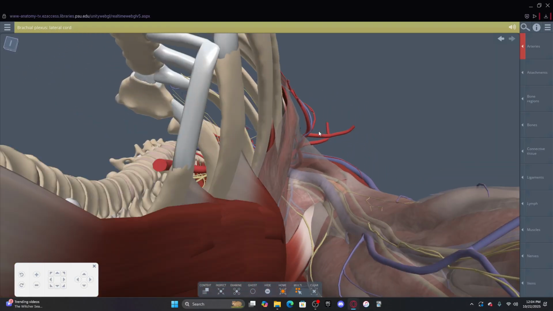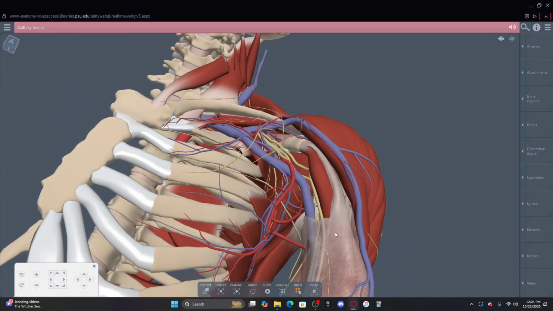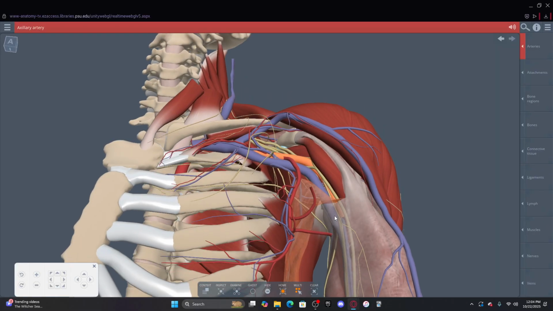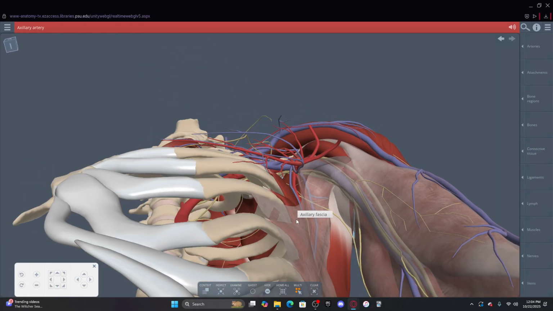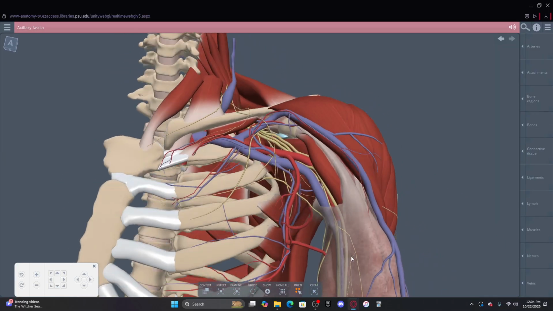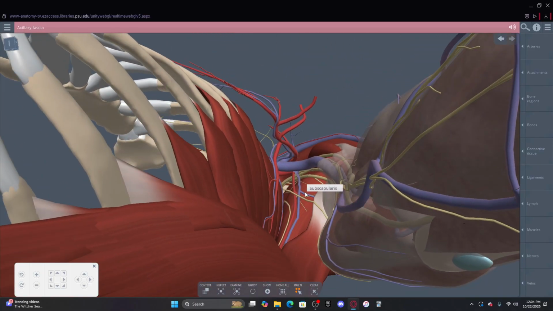And then let me remove this. Under our axillary artery, we have the posterior cord.